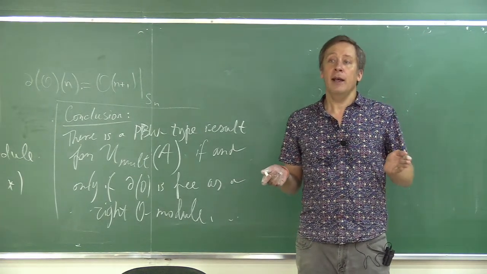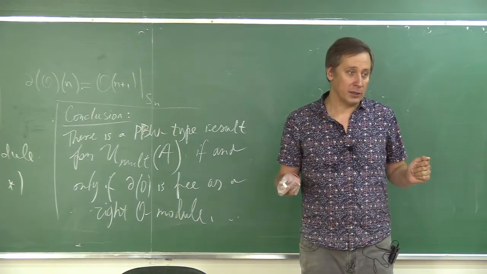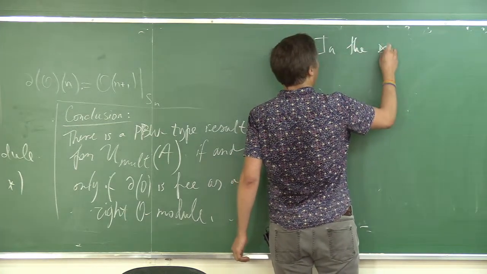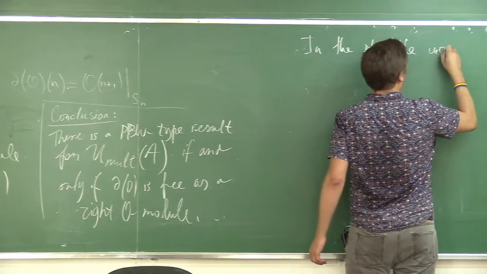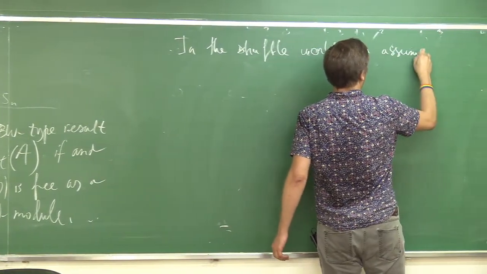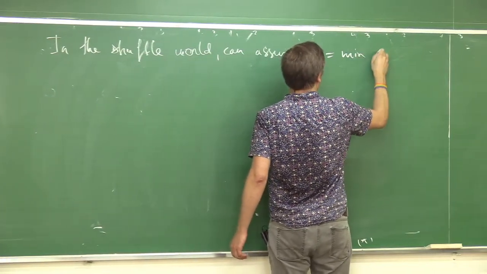You can add this operation star to be the minimum of your set. So in the shuffle world, we can assume that star is the minimal element.